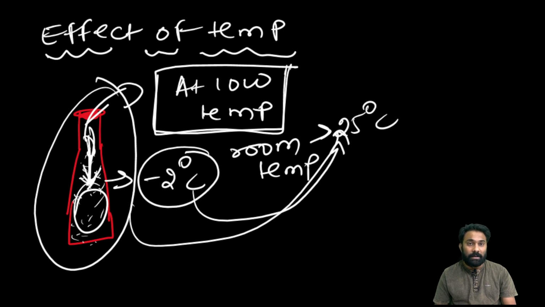When the temperature increases, the gas present in the liquid comes out. That's the reason when you open the cap of the cool drink, the gas comes out. It means the solubility of the gas has become less.